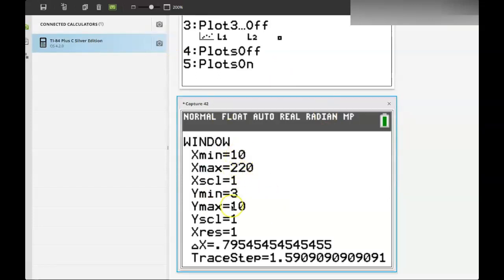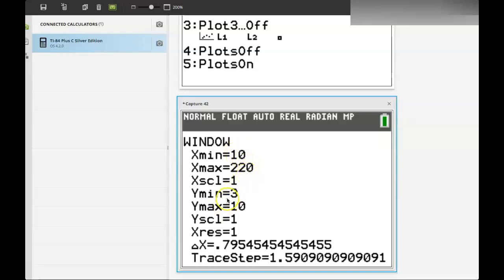I'm choosing to have the minimum value for x 10 and max 220, based on the numbers in the first column for x's, because the smallest number we have for x is 35 and the largest one is 190. Obviously all of these numbers are in this interval.